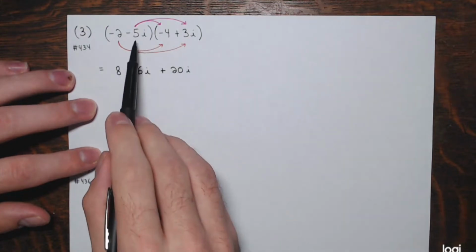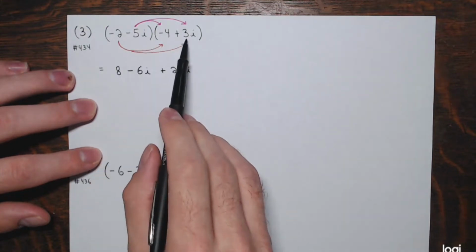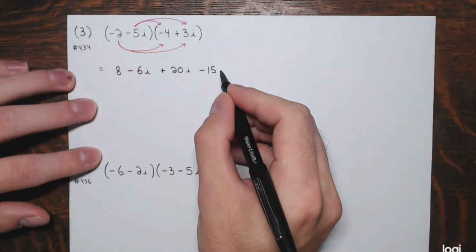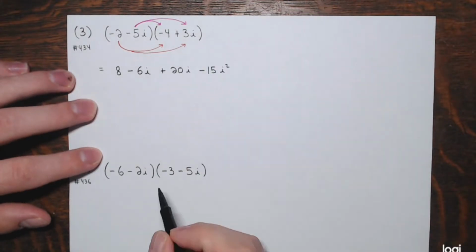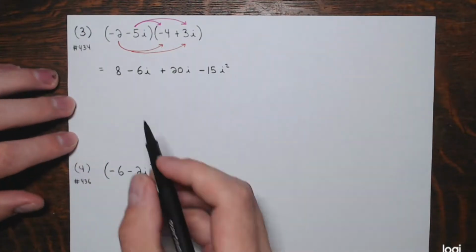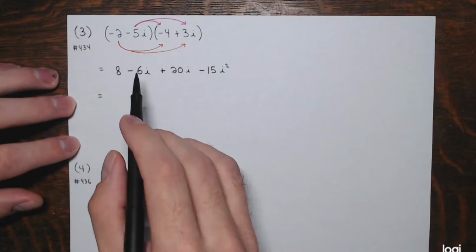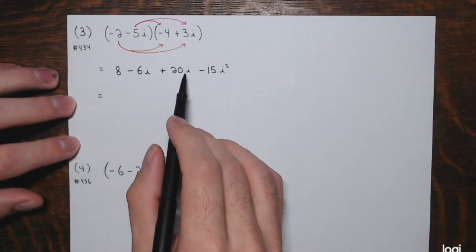And then negative 5i times positive 3i would be negative 15i squared.